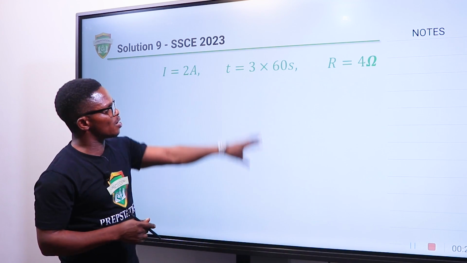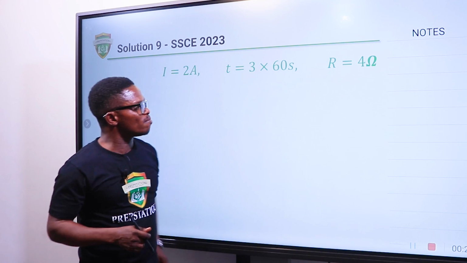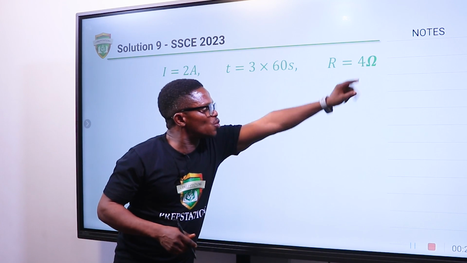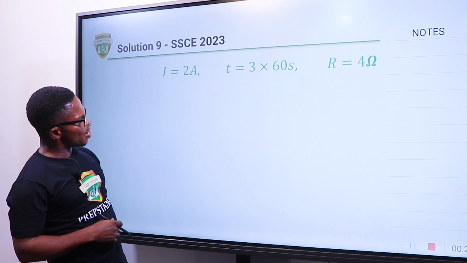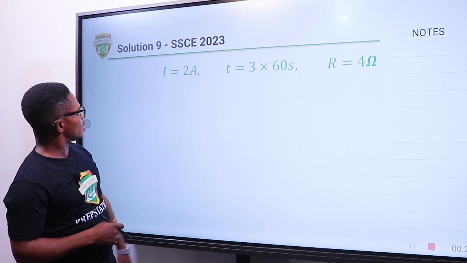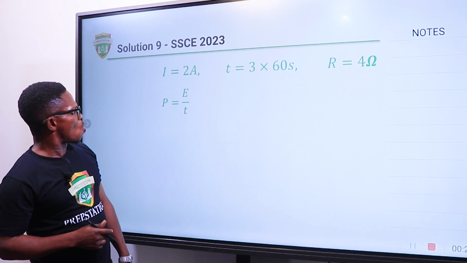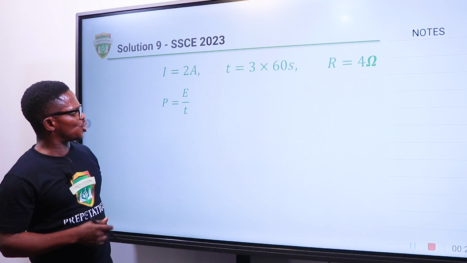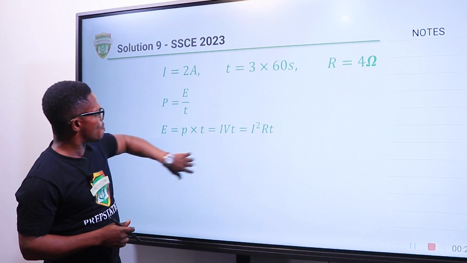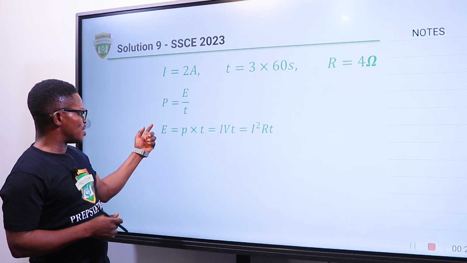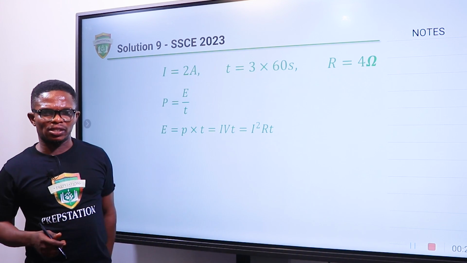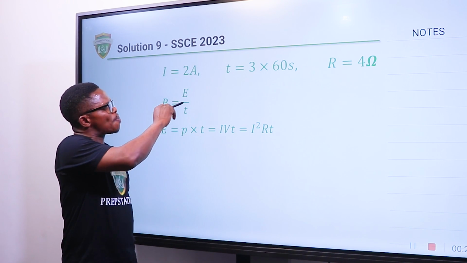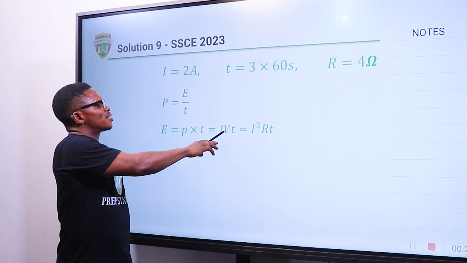Multiply by 60 because 60 seconds make 1 minute. Now, resistance was also given as 4 ohms. So what are we really looking for here? Let's find out. Okay, but power is energy over time. If power is energy over time, it means energy will be equal to power times time. But then electrical power is what? I times V.